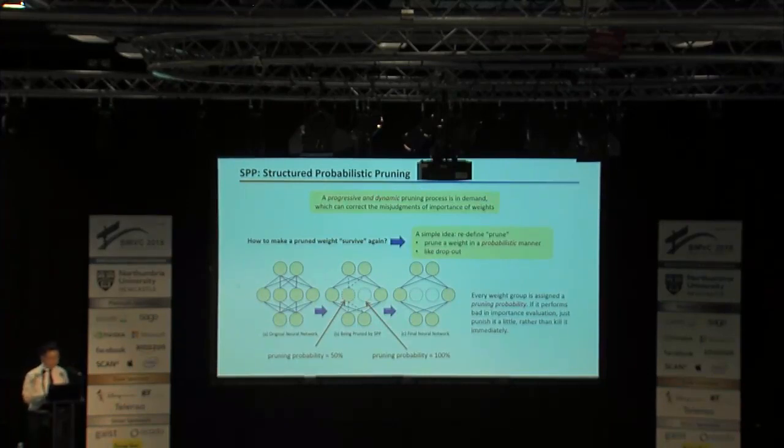So we propose SPP, structured probabilistic pruning, which prunes weight groups in a probabilistic manner. For each training iteration, we assign a pruning probability to each weight group.